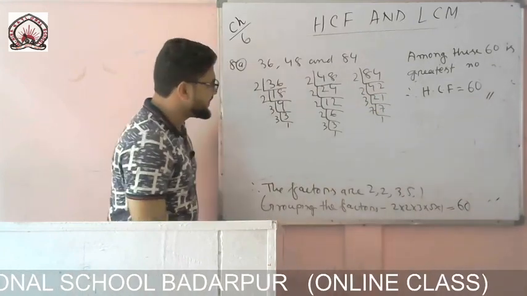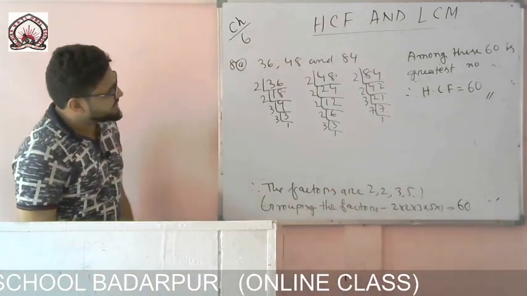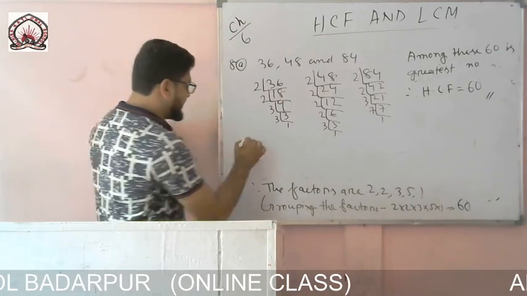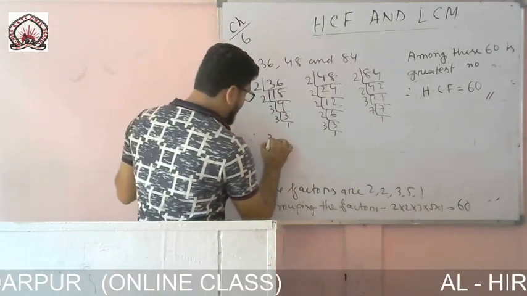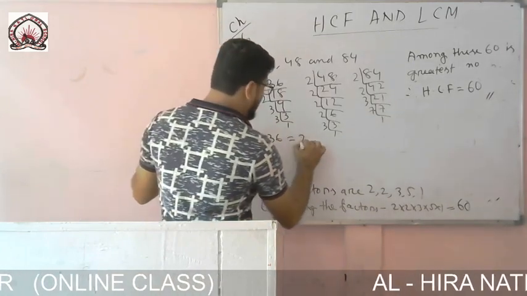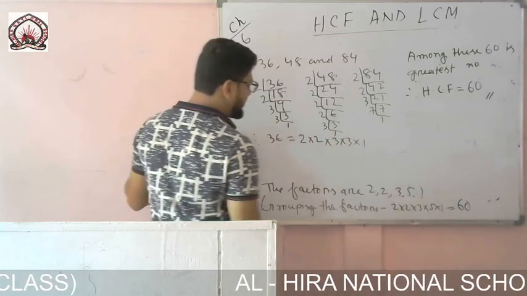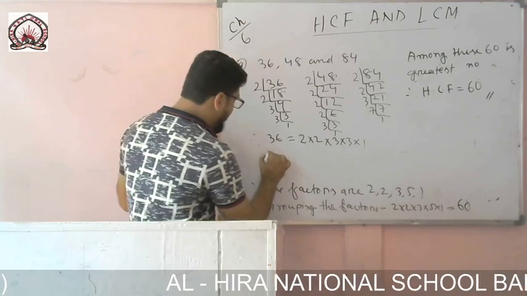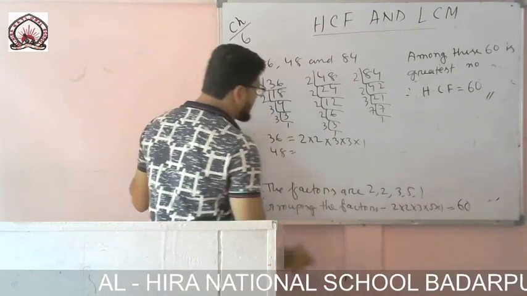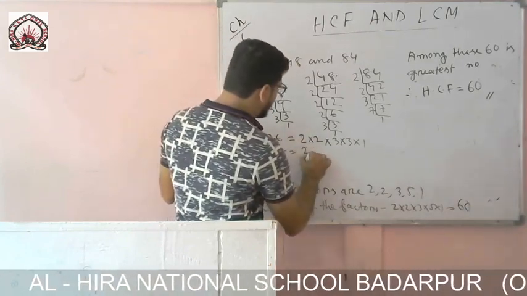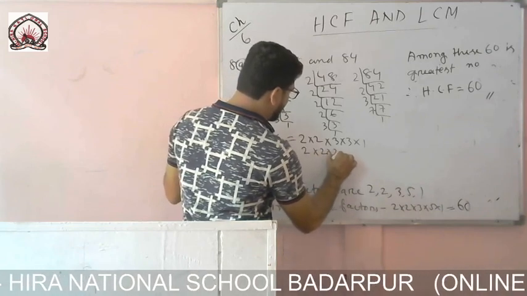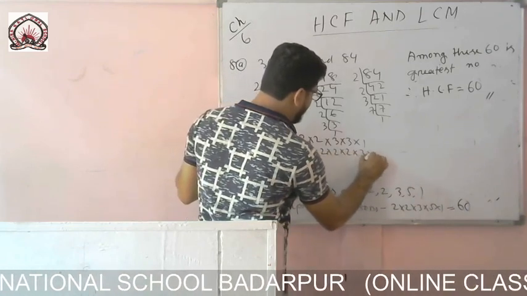Okay, now you write, therefore 36 equals 2 into 2 into 3 into 3 into 1. Okay, and 48 equals 2 into 2 into 2 into 2 into 3 into 1.